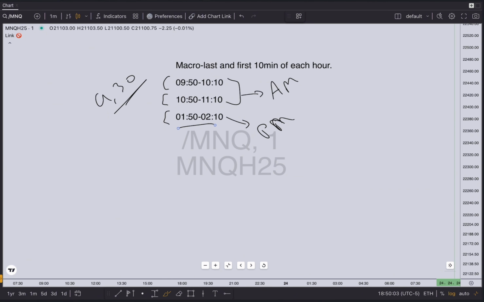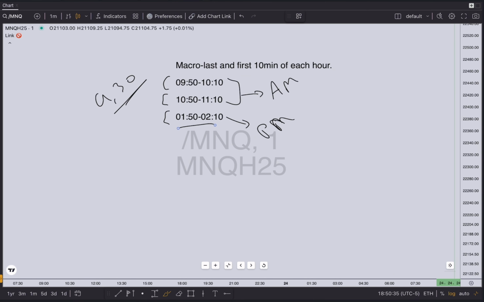Number two is there are specific days and specific times that we want to be trading the PM session, and other days we don't want to be touching it at all. I'm going to be going over these days later, but for now, there are days where we don't even want to touch the PM session. There are days where the only session that we want to trade is the PM session, because the AM session, for example, will have very volatile news and whatever. So these are the three main macros that we're going to be talking about.